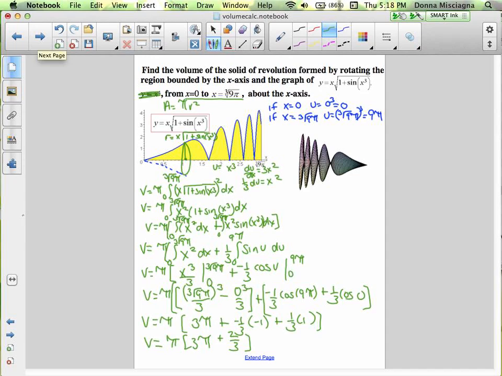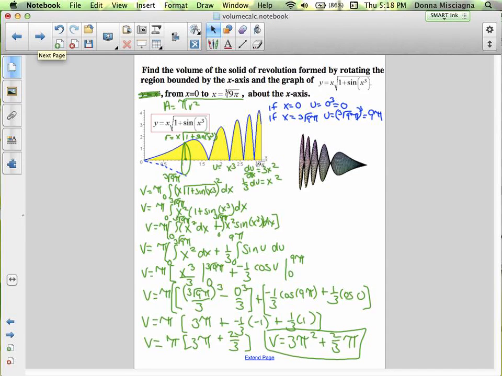So our volume finally is 3 pi squared plus 2/3 pi. And with a unique shape like that, it deserves a unique volume. That's pretty much as complicated as it gets.